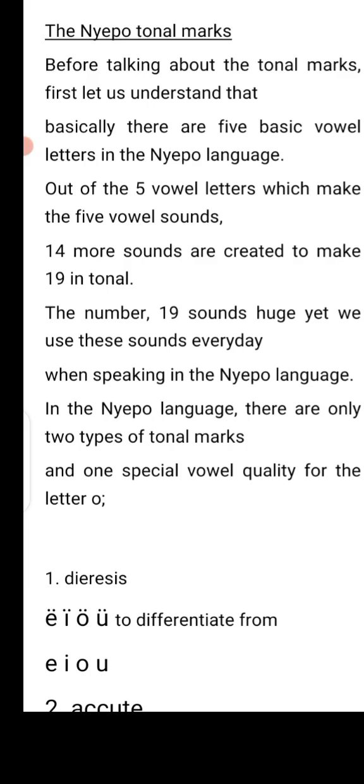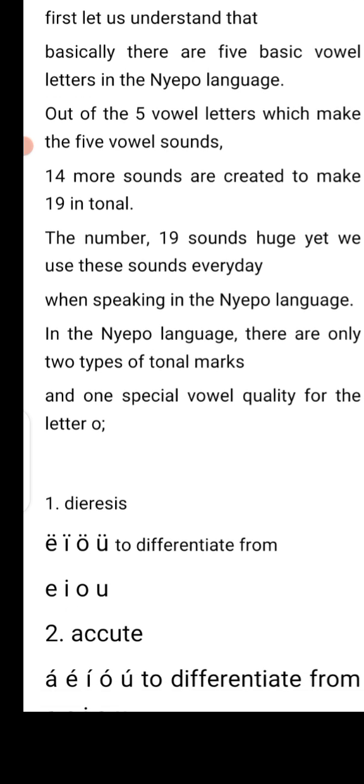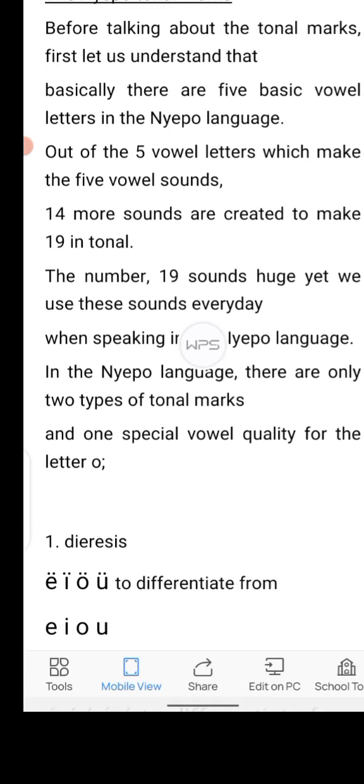marks. First, let us understand that basically there are 5 basic vowel letters in the Nyepo language. Out of the 5 vowel letters, which make the 5 vowel sounds, 14 more sounds are created to make 19 in total.